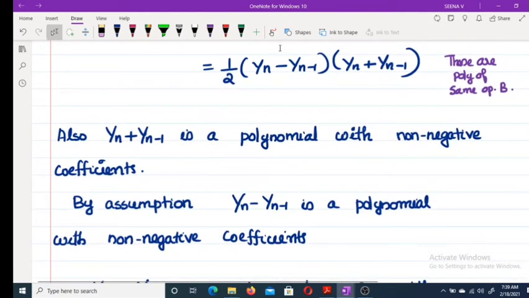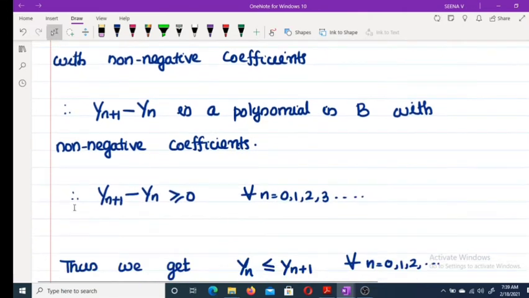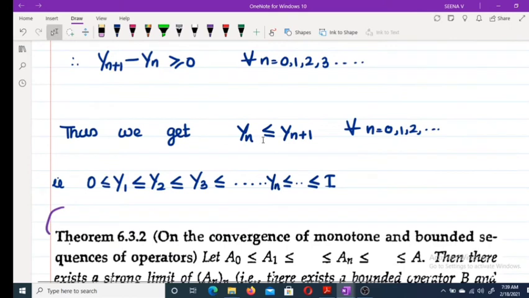That means each of these terms is a polynomial with non-negative coefficients. We are multiplying both. Therefore, yn plus 1 minus yn is a polynomial in b with non-negative coefficients. Thus, we get yn plus 1 minus yn greater than or equal to 0 for every n equal to 0, 1, 2, 3, etc. Thus, we get yn less than or equal to yn plus 1 for every n equal to 0, 1, 2, 3, etc.